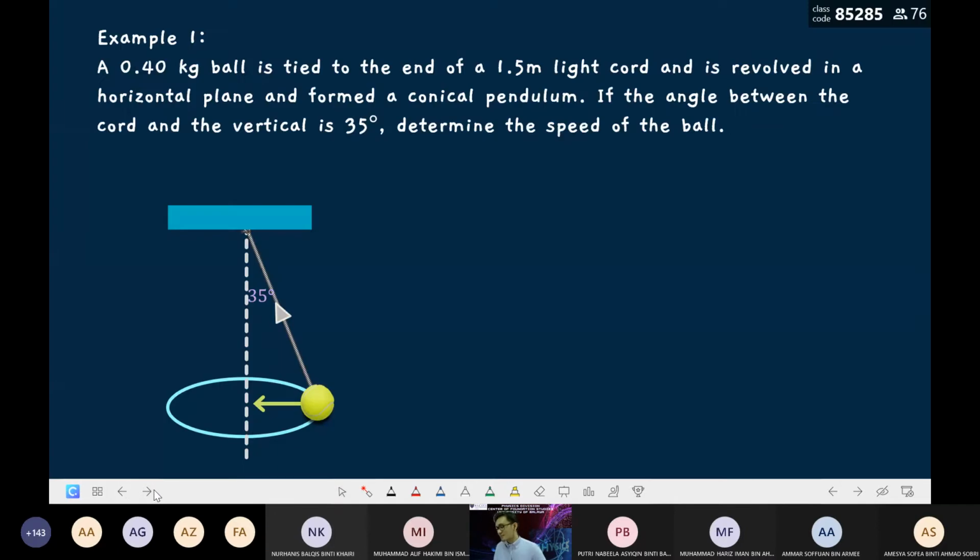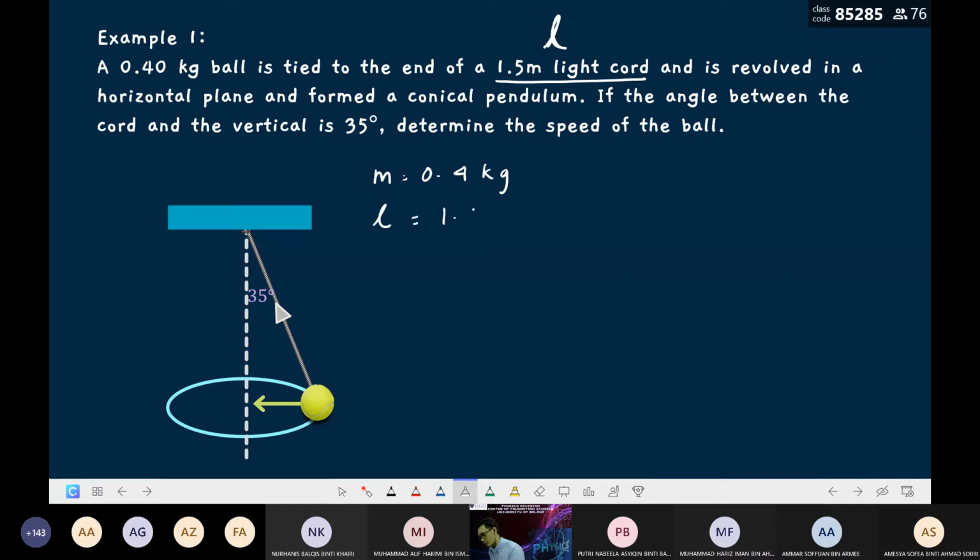Okay, let's look at the first example. A mass equal to 0.4 kg is tied to the end of a 1.5 light cord. So this 1.5 meter, is it the radius? It is the length, not the radius.